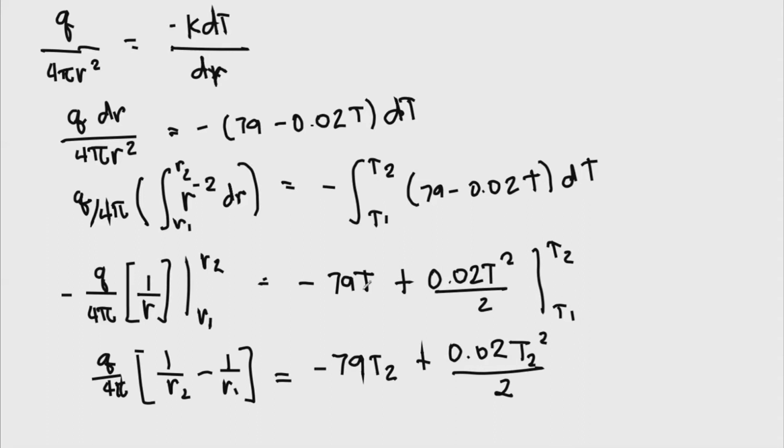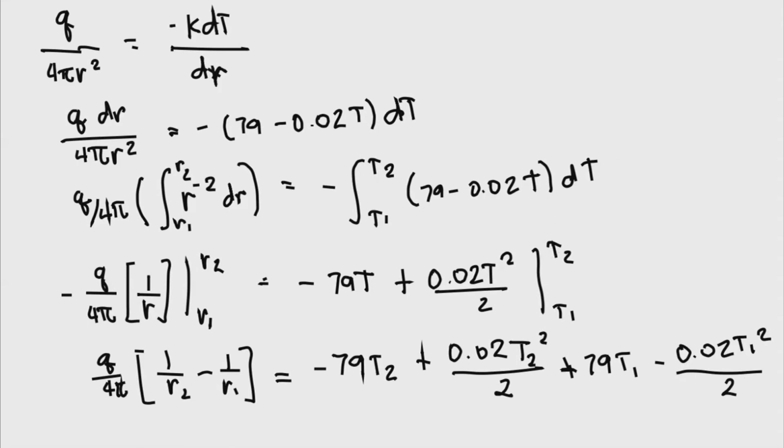So, that is minus negative 79 T sub 1, and then this one. So, if we would subtract this to the negative, then we have positive 79 T sub 1, and then this becomes negative 0.02 T sub 1 squared over 2. So, this is our final equation.